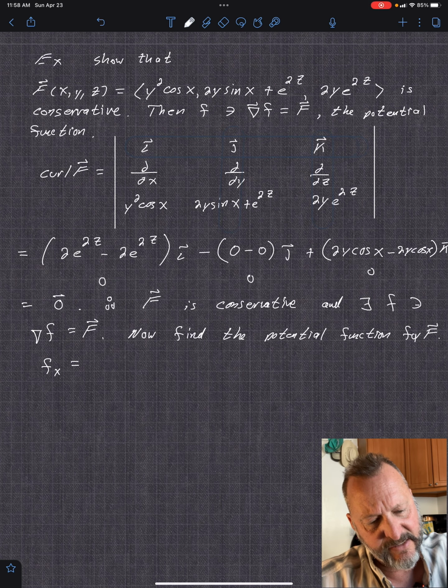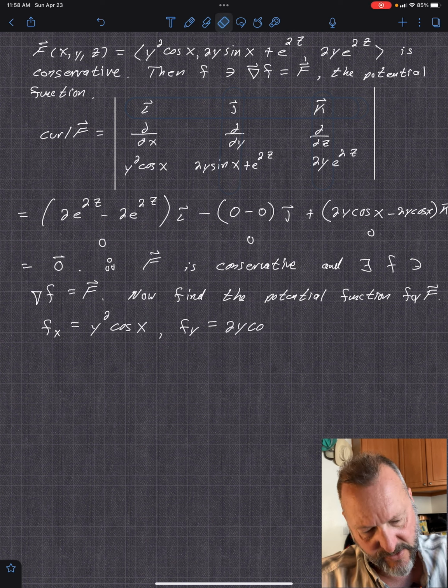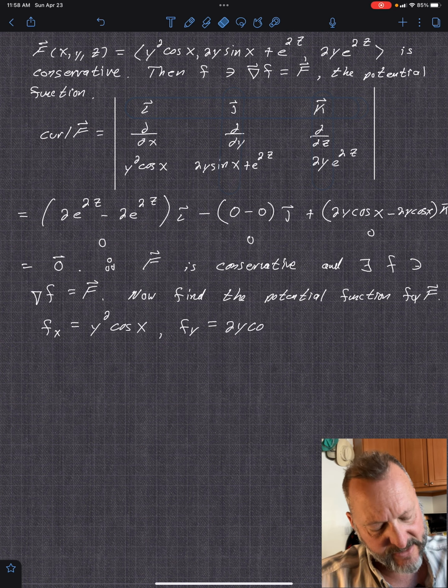Partial fy is 2y sine x, not cosine, 2y sine x plus e to the 2z, and partial fz is just 2y e to the 2z.